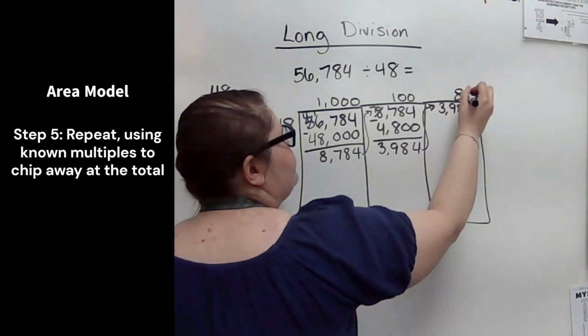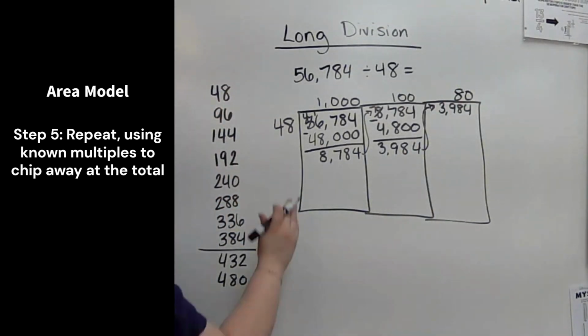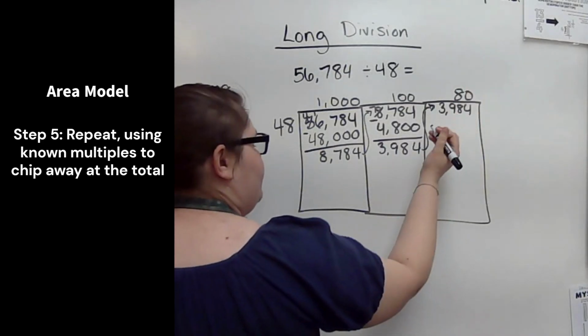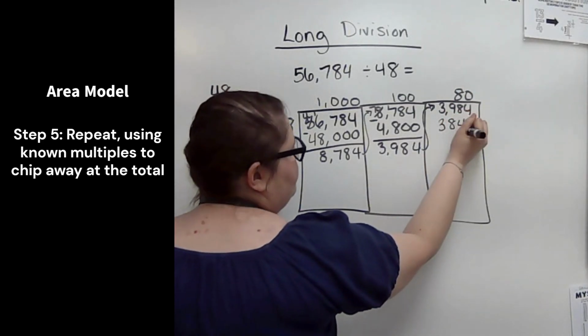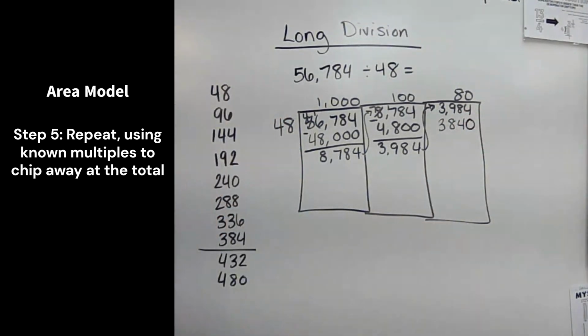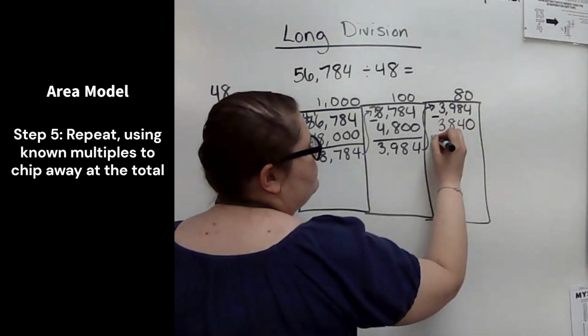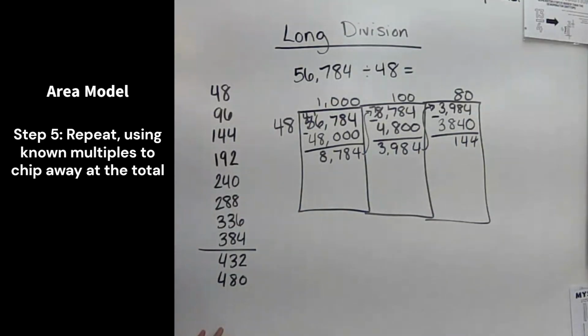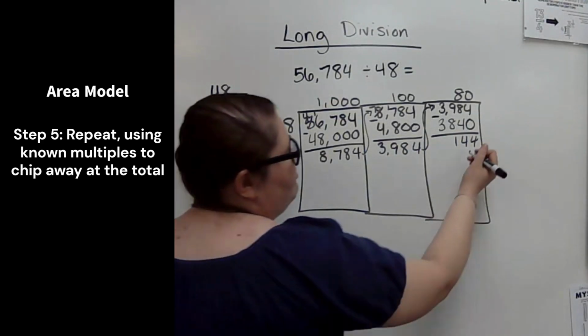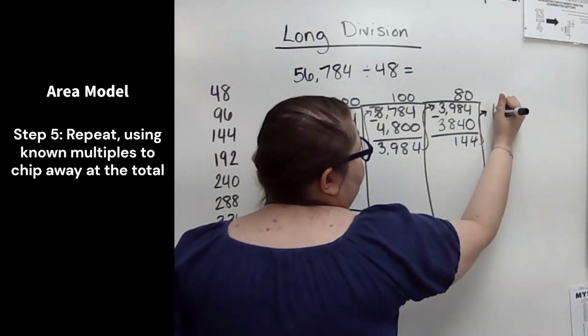And if I add a 0 to make 80, 48 times 80 is going to be 384 with a 0 on the end. So 3,840. I'm going to subtract the 2. And that leaves me with 144. I'm going to make a box for the 144.